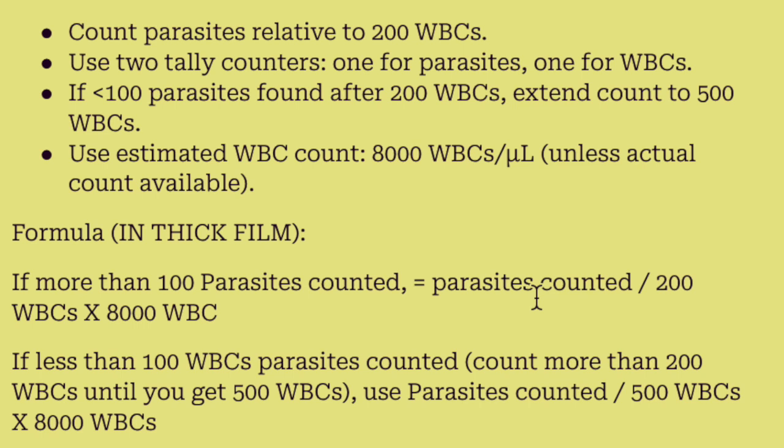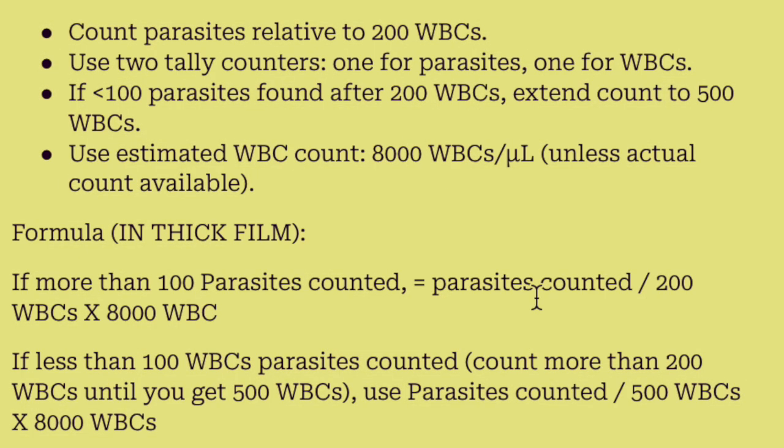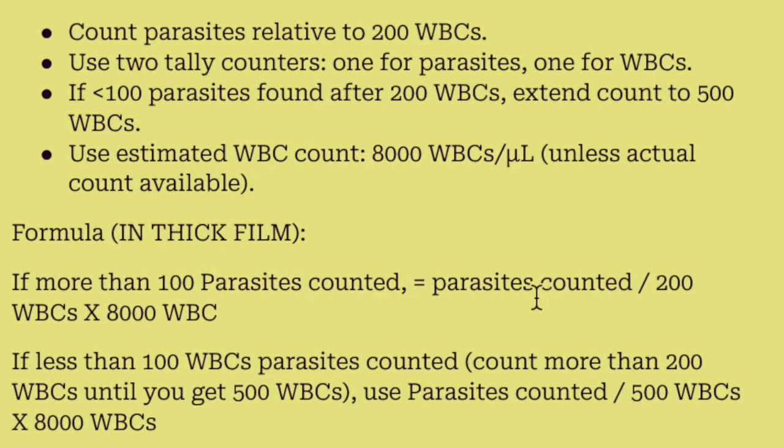So the formula that we use in a thick film then is, if you counted more than 100 parasites, then you have the number of parasites that you've counted, you divide it by 200 white blood cells, and then you're multiplying it by the 8,000 expected white blood cells per microliter.